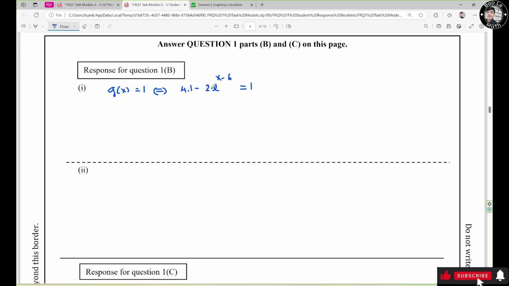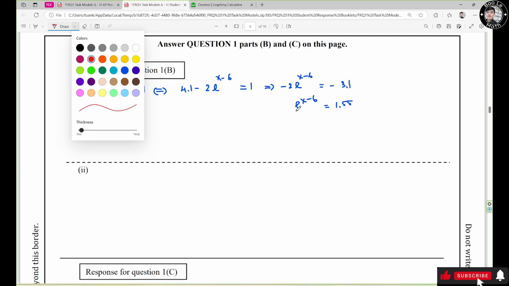Now you need to subtract 4.1 from both sides, so it's going to be negative 2 times e to the s minus 6 equals 1 minus 4.1, which is negative 3.1, right? Now you need to divide both sides by negative 2. So it's going to be e^(s-6) = 3.1 divided by 2, which is 1.55, right? Now we look at the left-hand side.